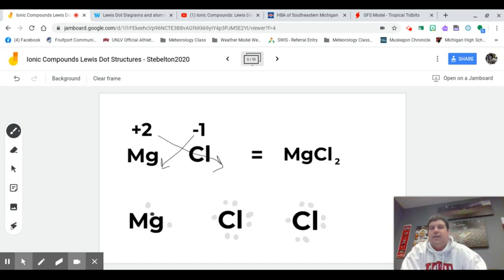And notice here, magnesium has 2 to give, and that's why it forms that +2 charge.